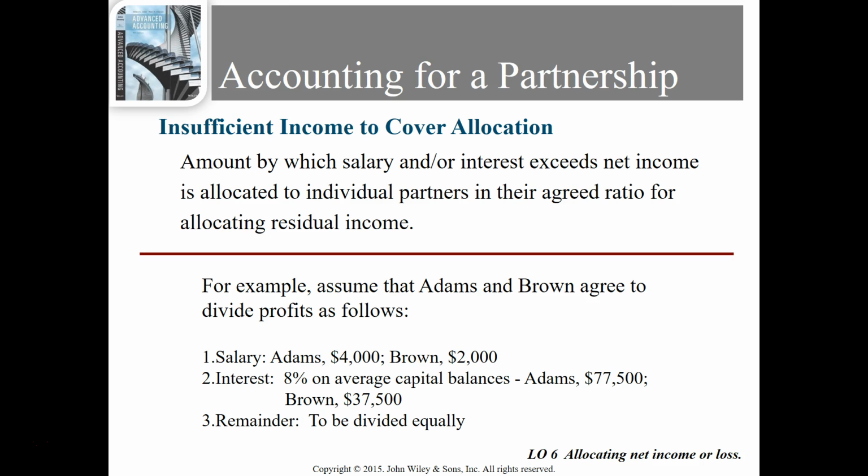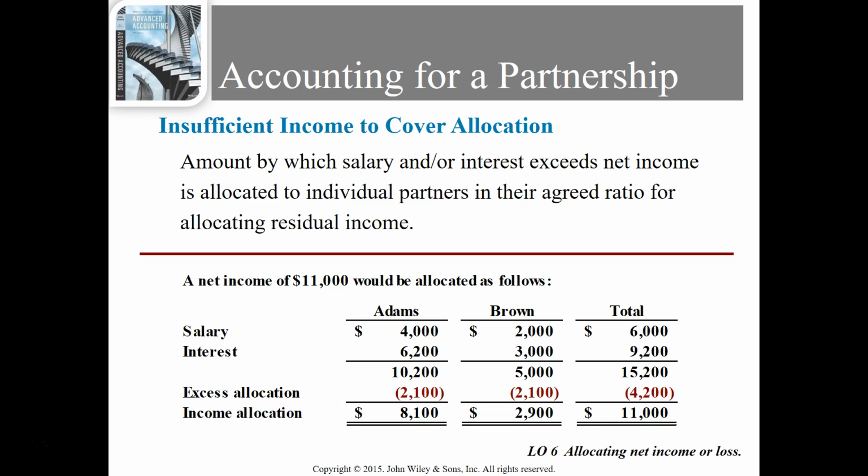What happens if I don't have enough income to allocate? Anything that exceeds that net income is just reducing the partnership's capital accounts. Let's change our fact patterns and see what we come up with. New partnership of Adams and Brown, give salary, give interest, and a remainder. $11,000 is the income. Salary is 4,000 and 2,000, giving us 6.